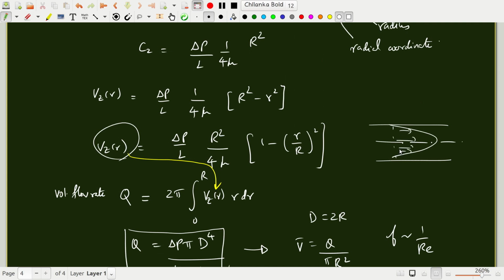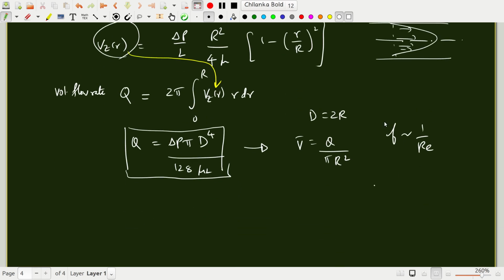This is what leads to the friction factor dependence in the laminar regime. This velocity profile you can derive directly by the definition of the friction factor.